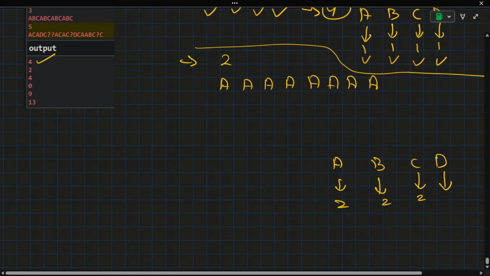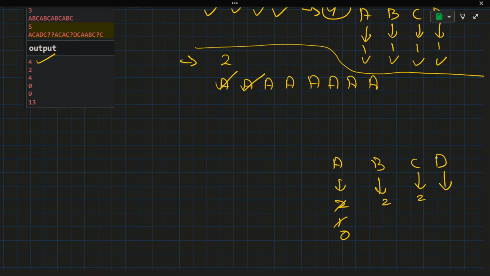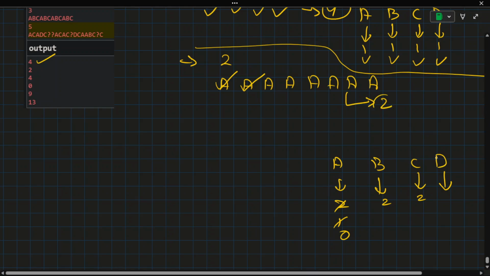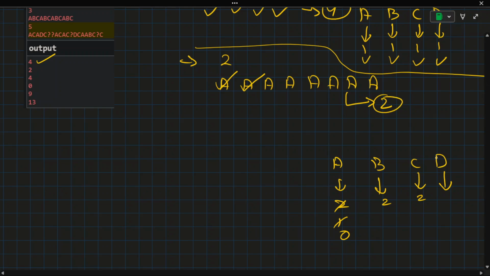If I mark this correct, then this will decrease to 1. If I mark this also correct, then this will become 0. Then there are no options available to mark, because the count for A is 0. This means there are no answers left for A. So what is the answer in this case? 2. That's basically the problem.